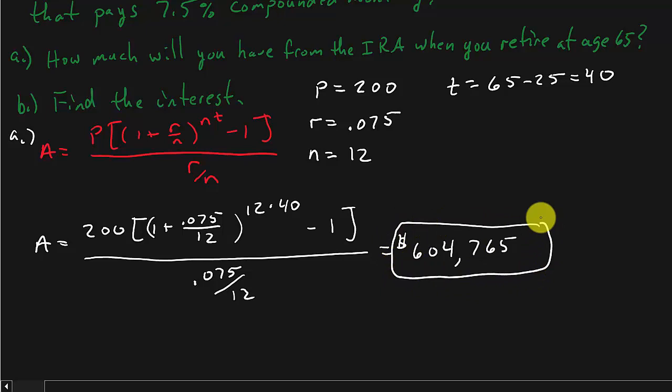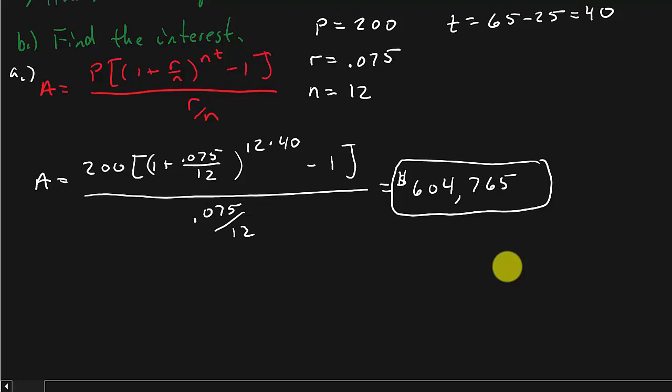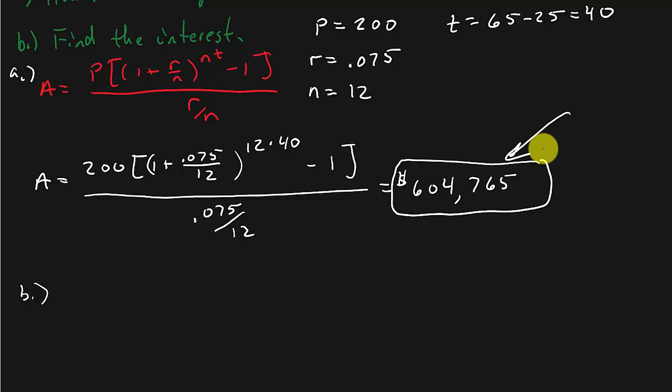All right. So then what they want to know is find the interest. Okay. So for part B, let's find the interest. So just like in the other problems, it's going to be this amount minus how much money we actually put in there. Okay, so how much money did we put in there?